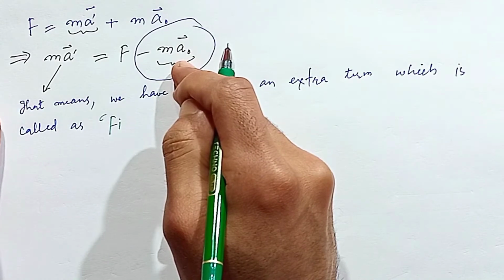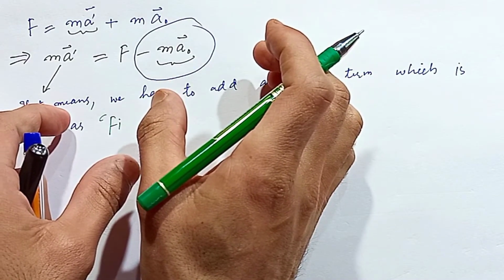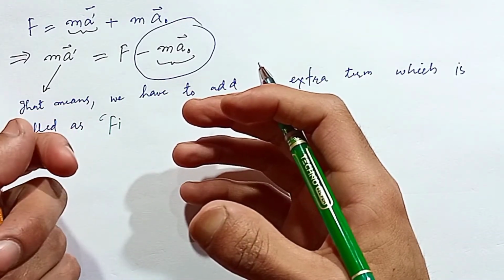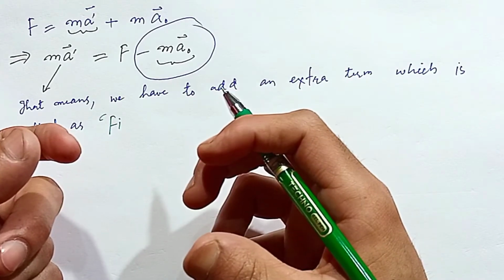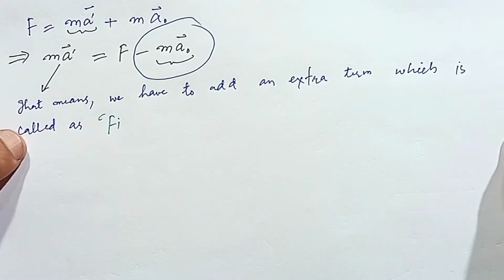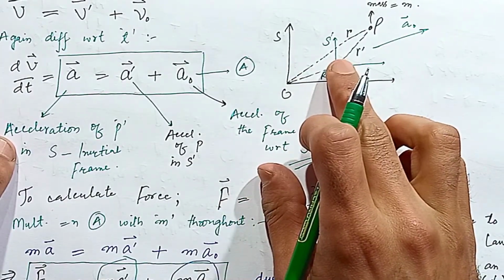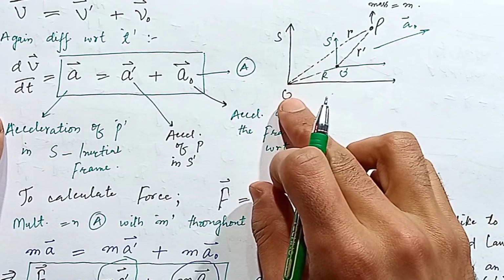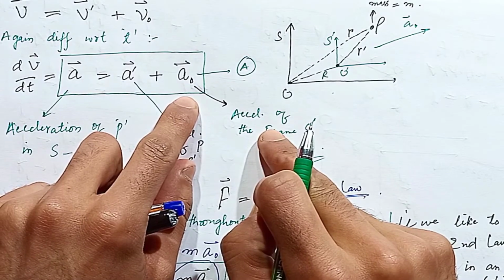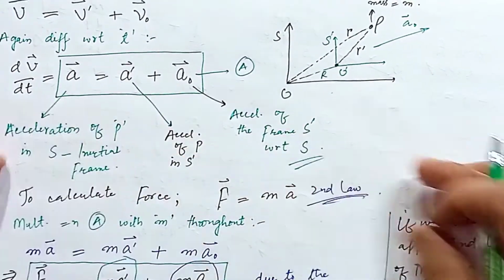This is also a force, but it is not a force exerted by any external agency. It is the force which gets its origin from the acceleration of the frame of reference. This frame of reference S prime is accelerated with respect to O prime, and this acceleration gives origin to the extra force.